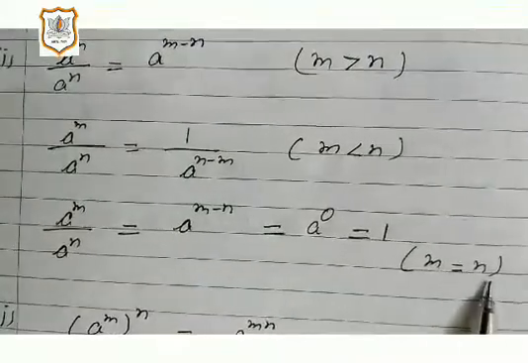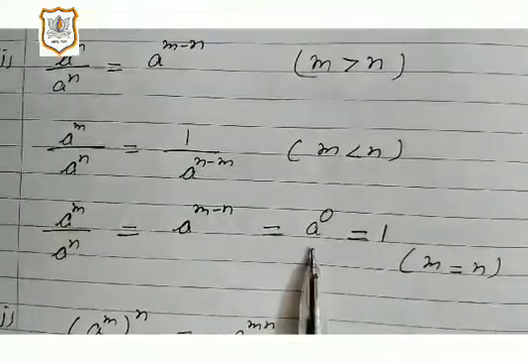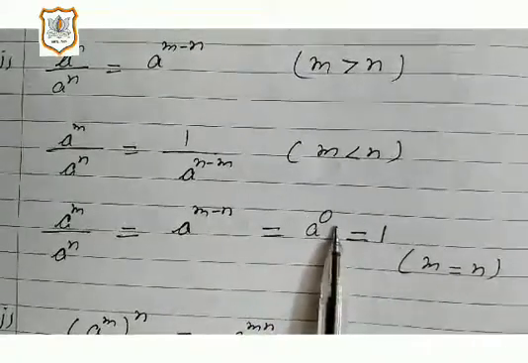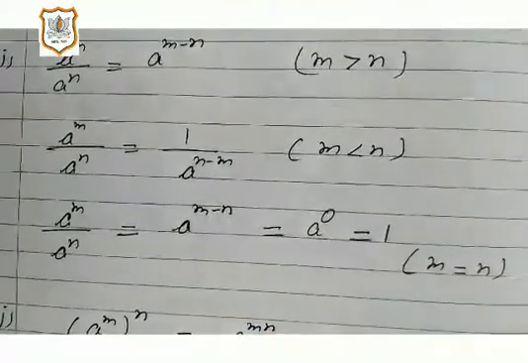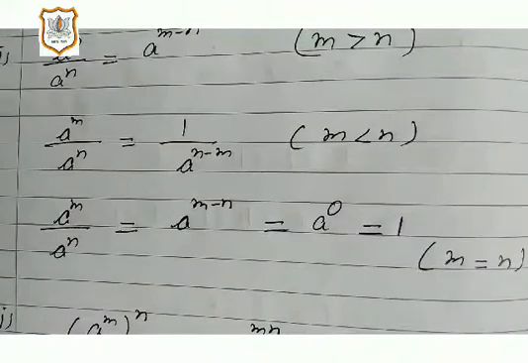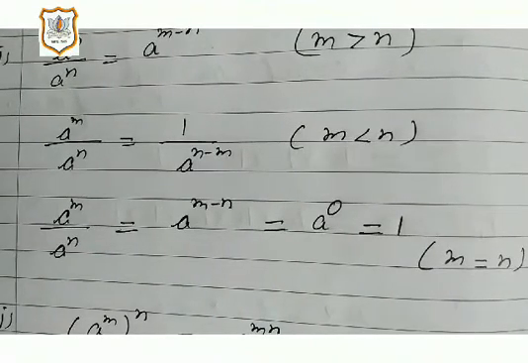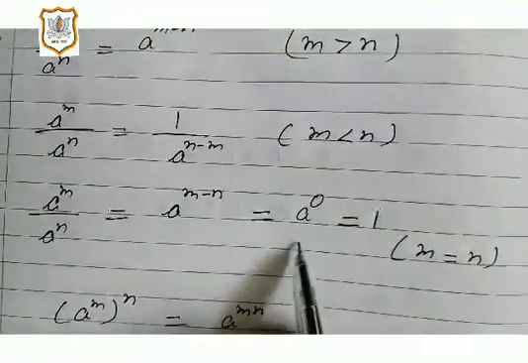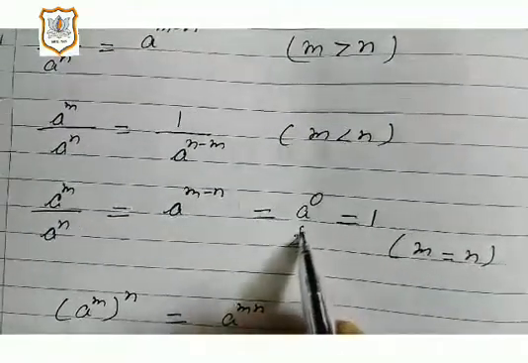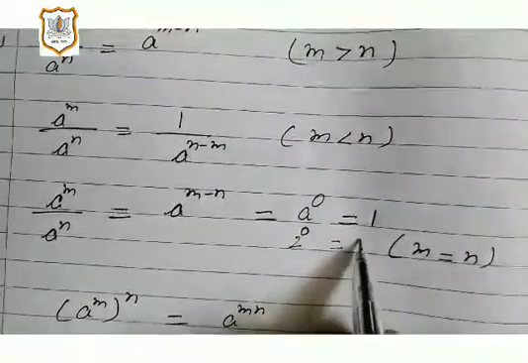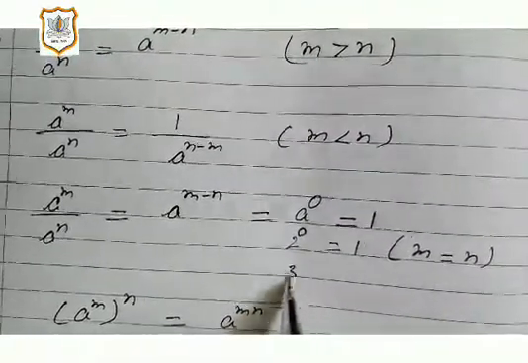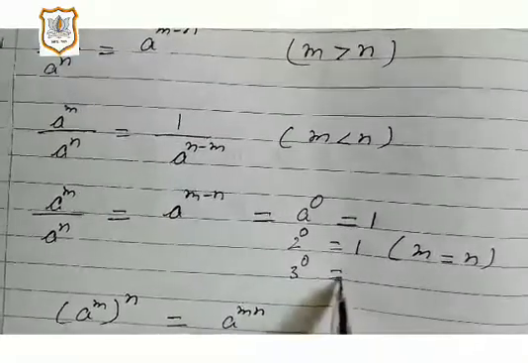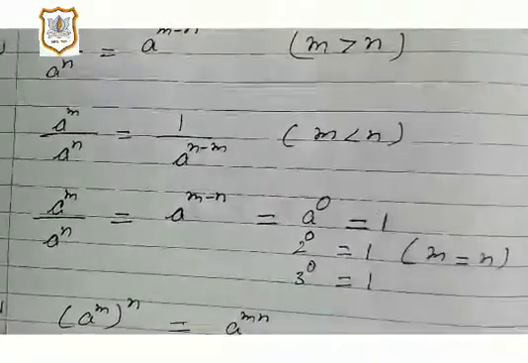Here m is equal to n, so a raised to power 0 is equal to 1. Friends, you have to remember that any number raised to the power 0 is 1. For example, 2 raised to the power 0 is equal to 1. 3 raised to the power 0 is equal to 1.